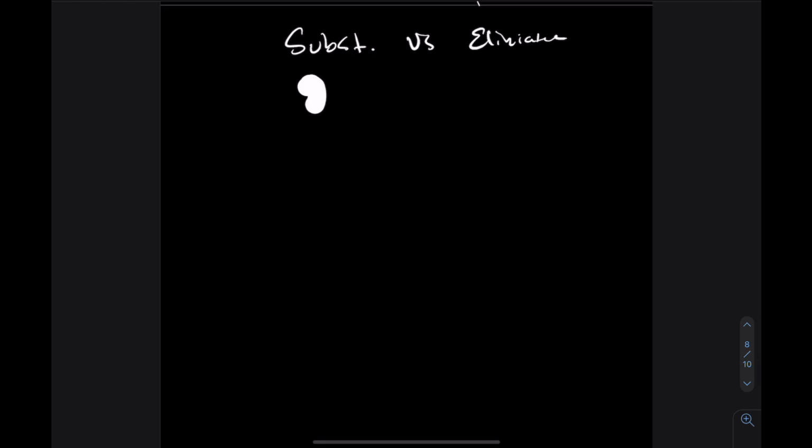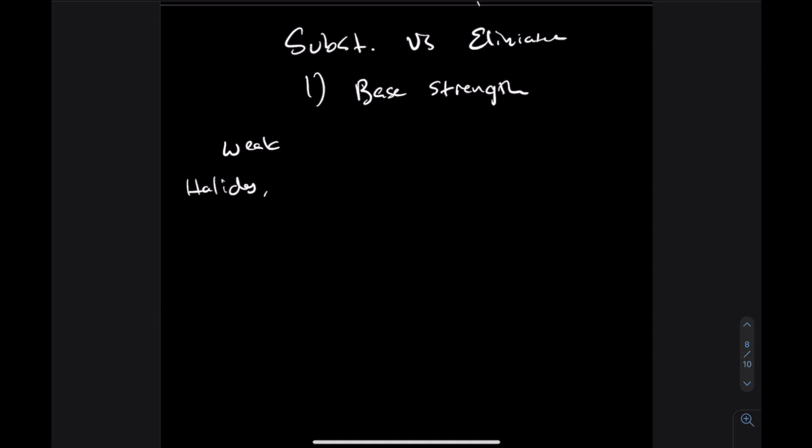First, we had discussed base strength. All right, weak bases, and these are pretty weak bases. Those are going to be your halides, your sulfides, your azides.